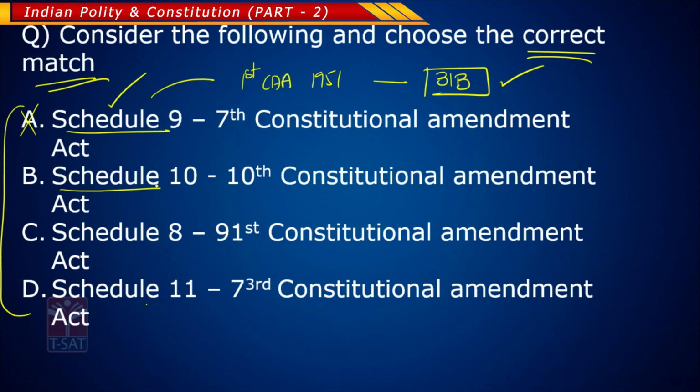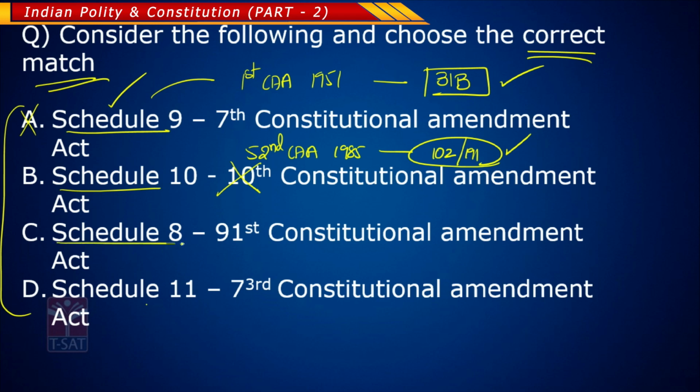Now Schedule 10. Schedule 10 is added by the 52nd Constitutional Amendment Act 1985, and Schedule 10 is linked to Article 102 and 191. Schedule 10 talks about anti-defection law.